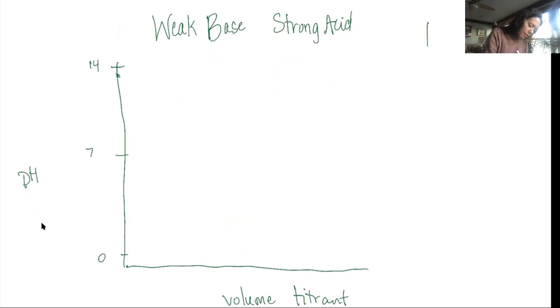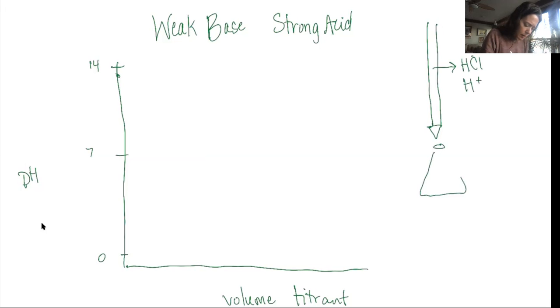So let's have our strong acid here be hydrochloric. And we know that we're only concerned with the hydrogen ion there. Let's have our analyte be ammonia, NH3, okay? So what is the reaction?